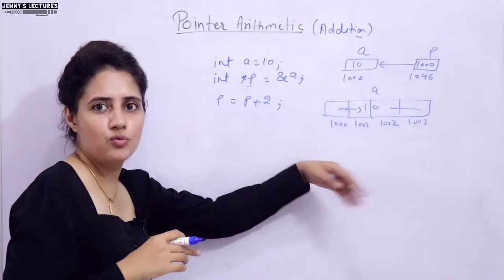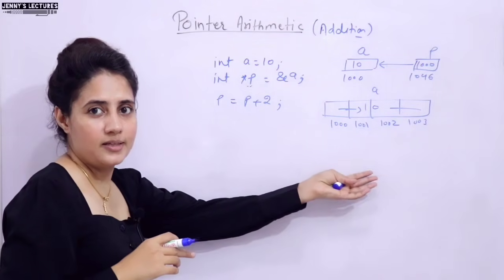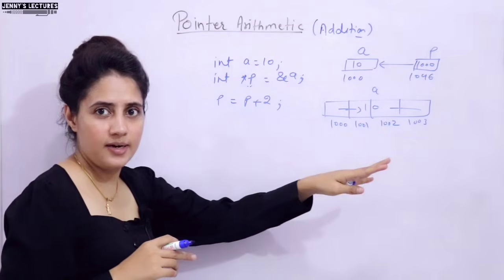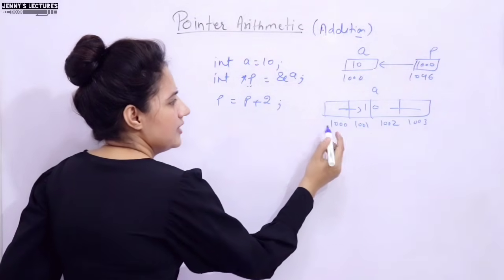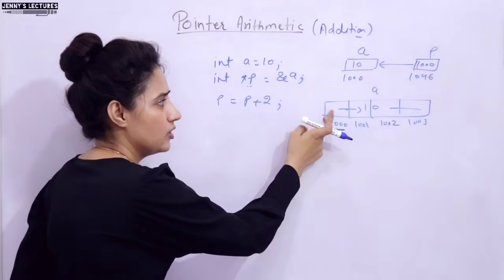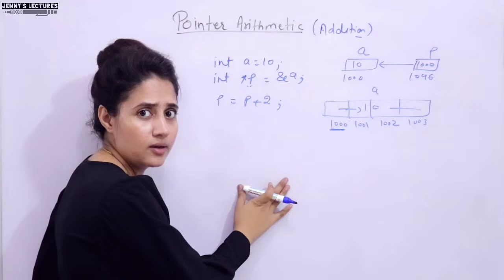Obviously 10 would be converted into binary form, in 32 bits, and stored here, 8 bits, 8 bits, 8 bits, 8 bits, like this. So now p contains the base address, the address of the first byte.